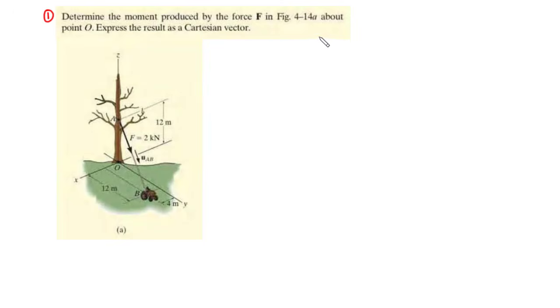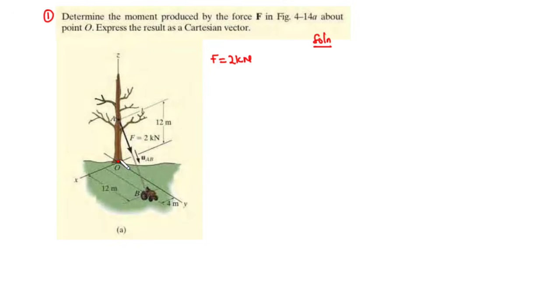Now, let's solve this problem together. So in this question, we have a force 2 kilonewtons, and the force is directed along the line AB, and therefore has a unit vector UAB. So we have F to be 2 kilonewtons, and then we want to find the moment about the point O.